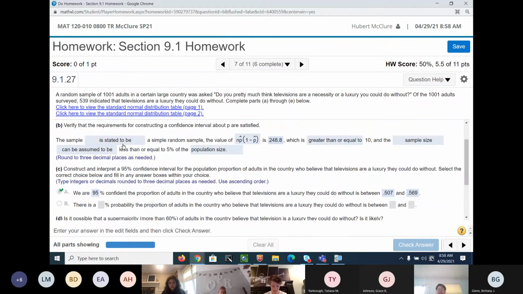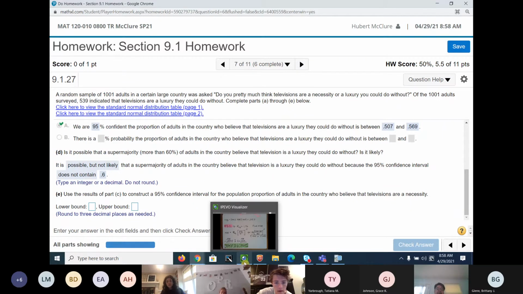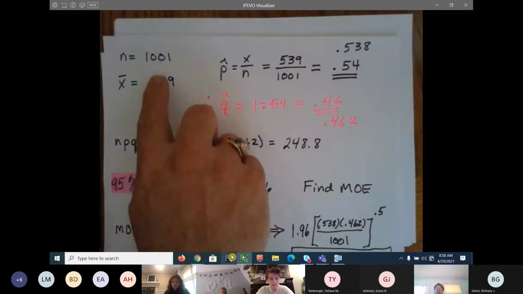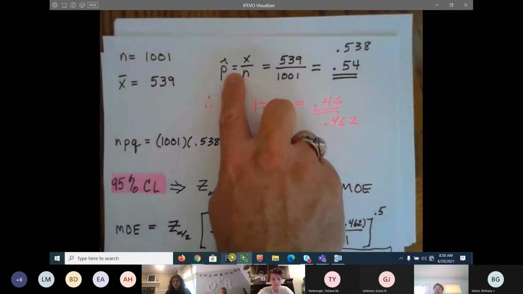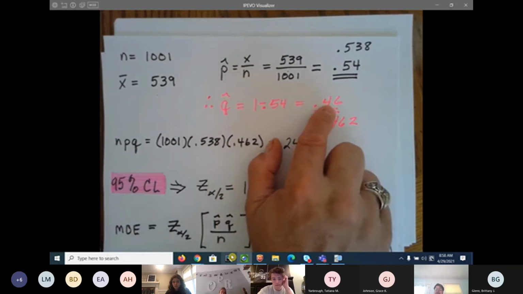So you turn it around. I'm not going to do that one because that one seems confusing, but I'll tell you how to do it. In the original question, it says these people right here say that television is not a necessity. These people say that it is a necessity.